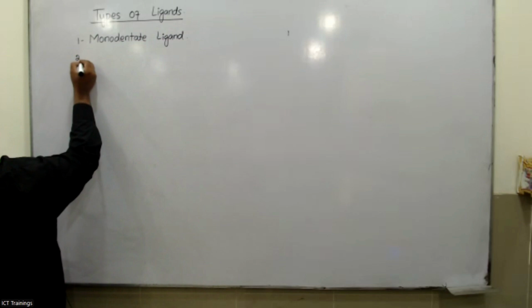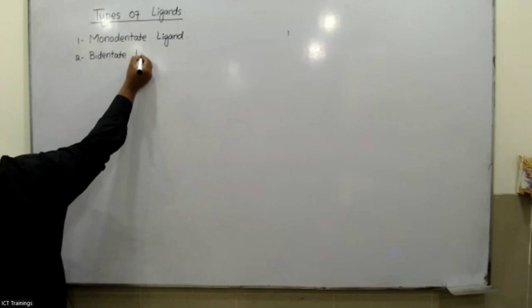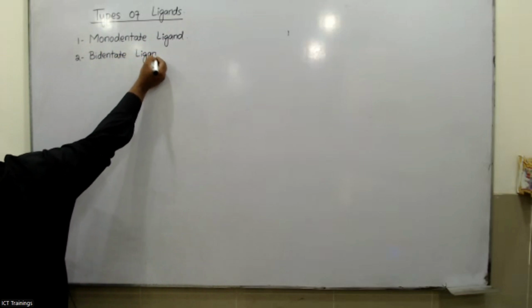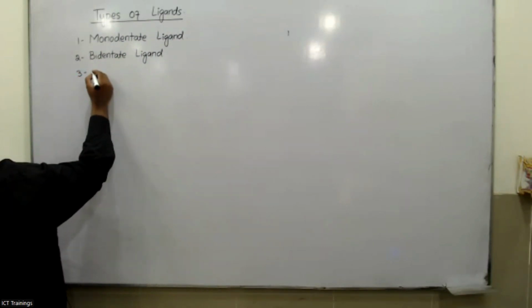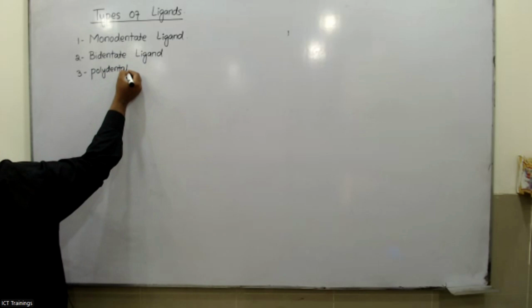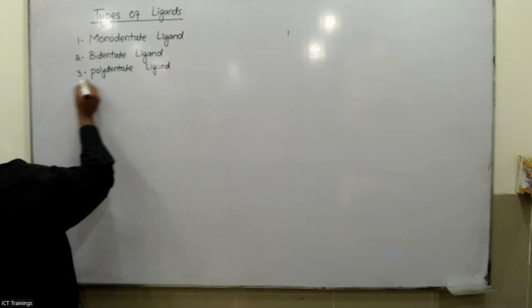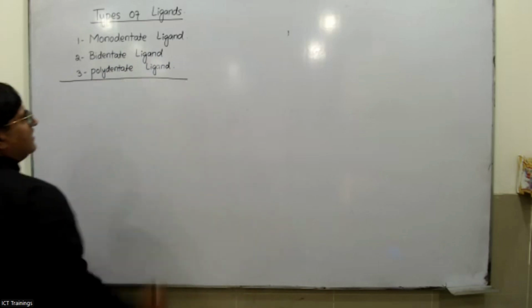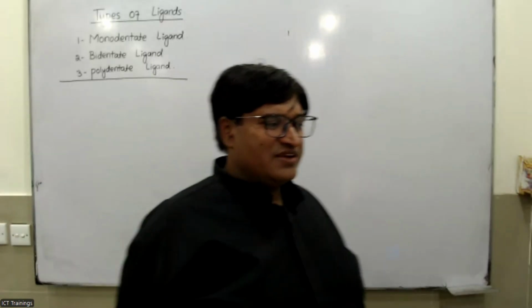The second one is called the bidentate ligand. And the third one is called the polydentate ligand. So these are the three different kinds of ligands. Now, one by one, we are going to discuss each of them in detail.